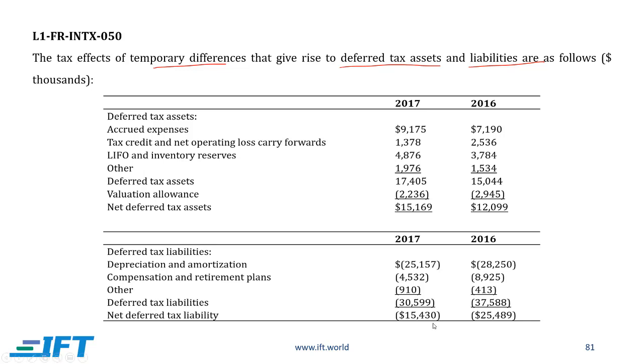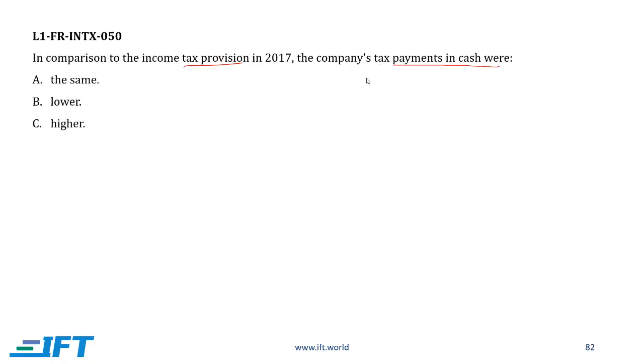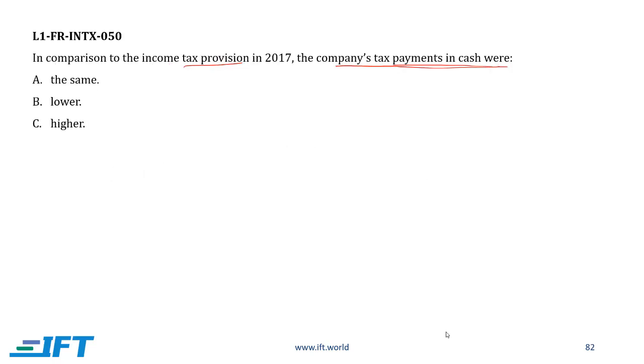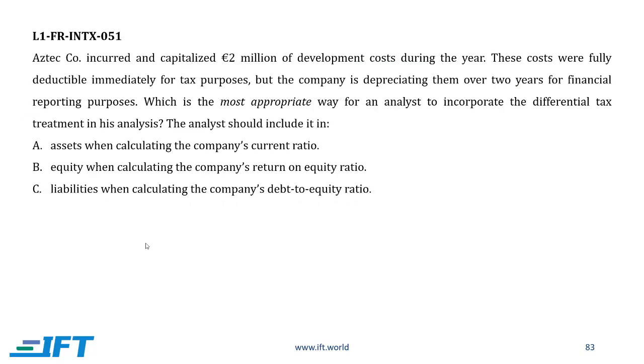How come your liability went down? You paid. So what is happening to your cash payments? Your payments were higher because you paid more cash. That is the reason your liability came down. So what's the correct option? C.